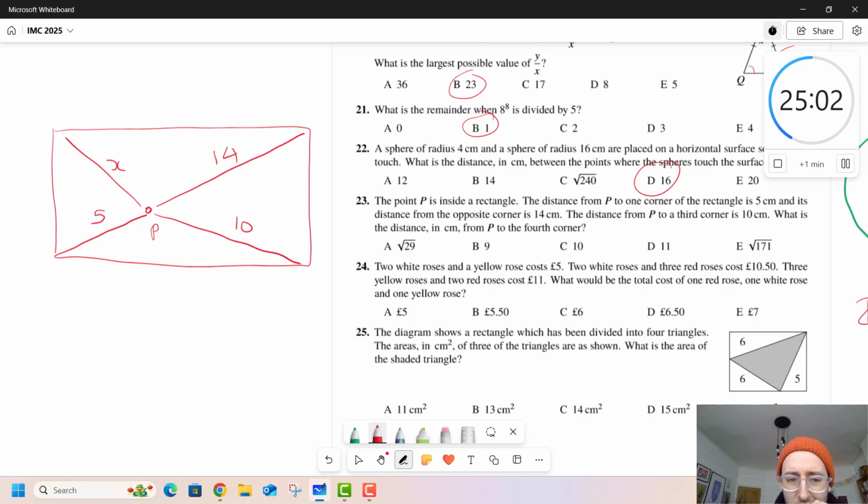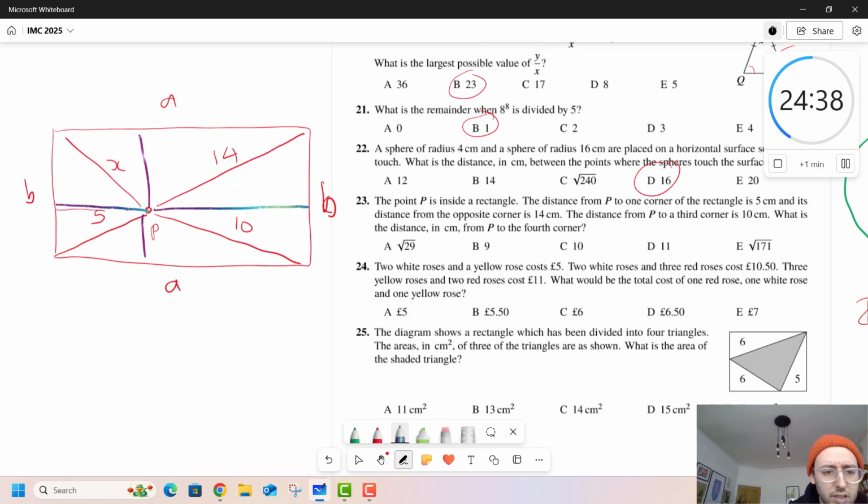Oh, okay. No, yeah, we can. Okay. Well, I'm wiggling it around. Okay, so this is A, this is A, this is B, this is B. This length, this length, and this length, this length, and this length.